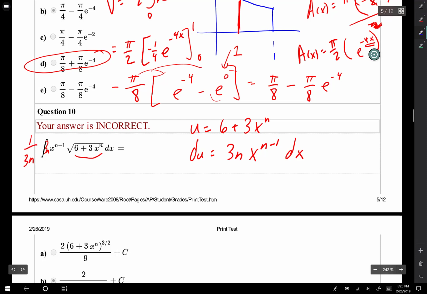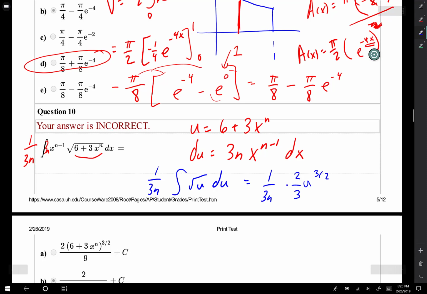So here we go. 1 over 3n integral of square root of u du. 1 over 3n times u to the 3/2 times 2/3. Let's see, did I do that right? Yeah. Plus c.